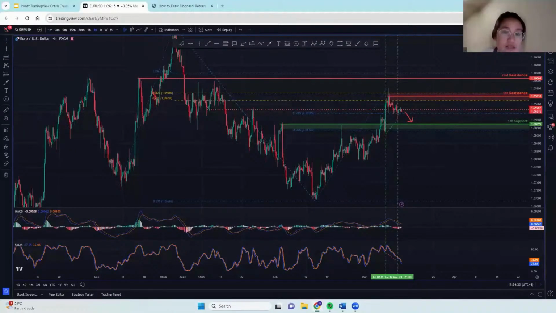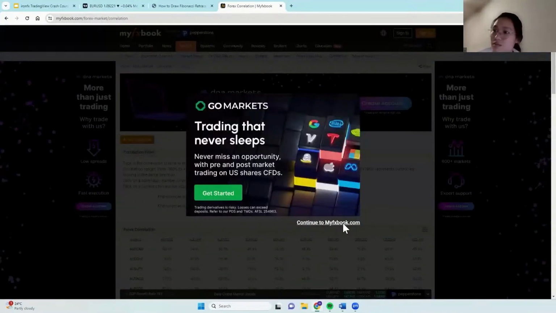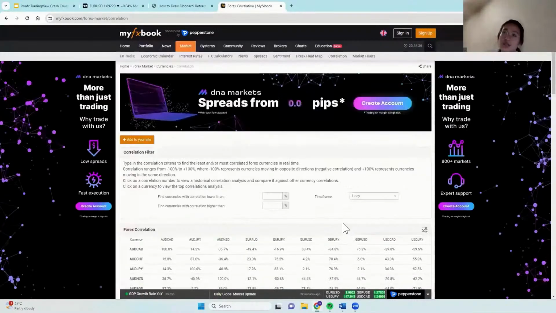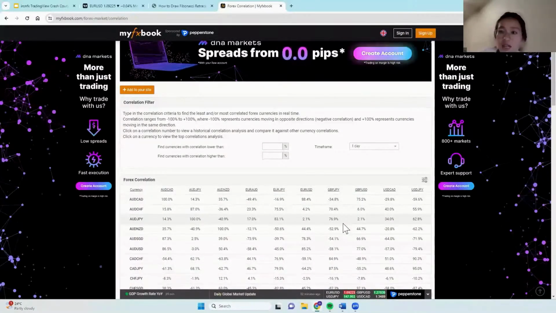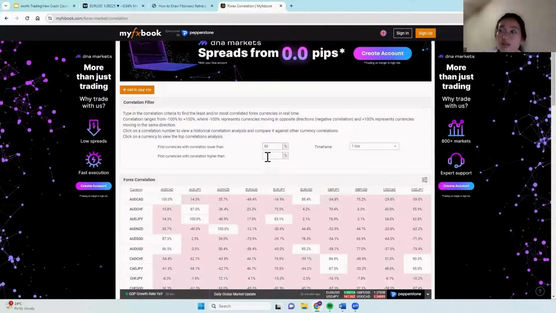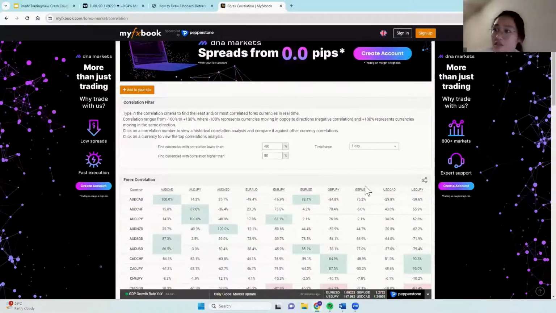Okay, I just want to show you guys some correlation things that you can do on TradingView as well. This here is my FX book, and it basically gives you a list of all of the currencies that are correlated. So we typically will look for currencies lower than minus 80 and higher than 80.